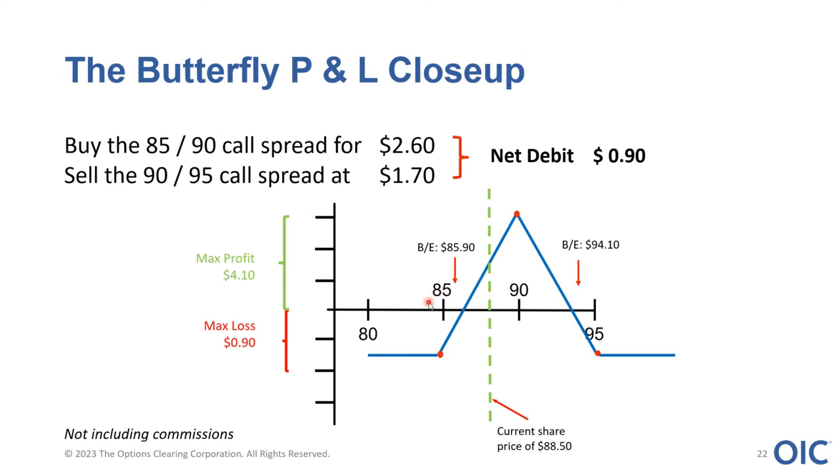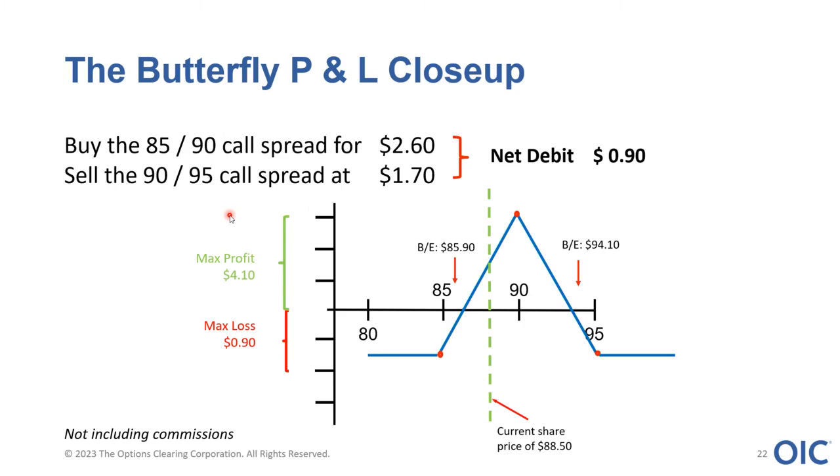But in this case, because the strikes line up in a slightly different way relative to where the actual stock is, this might be a circumstance where someone might be slightly bullish on the actual underlying and want to trade the 85, 90, 95 call fly because they have an idea that it's going up to 90. And remember, the most this can be worth is at 90, when that 85-90 call spread is worth the most that it can be worth, and the 90-95 call spread is worth the least that it can be worth. You're long this one, you're short this one.